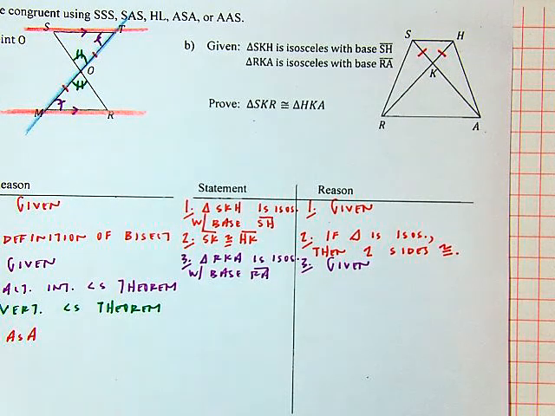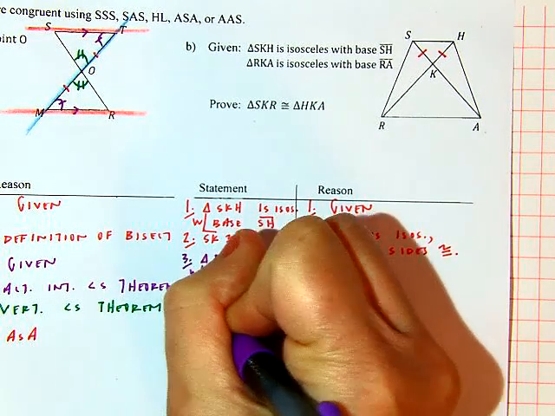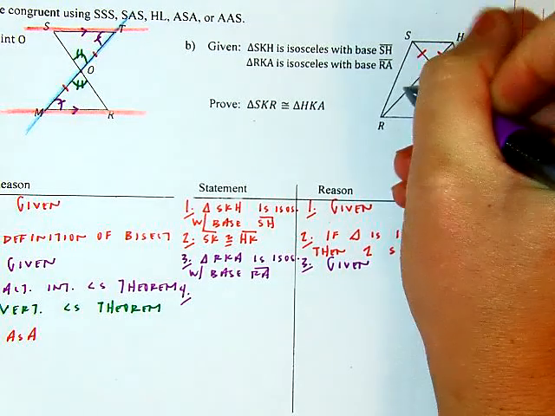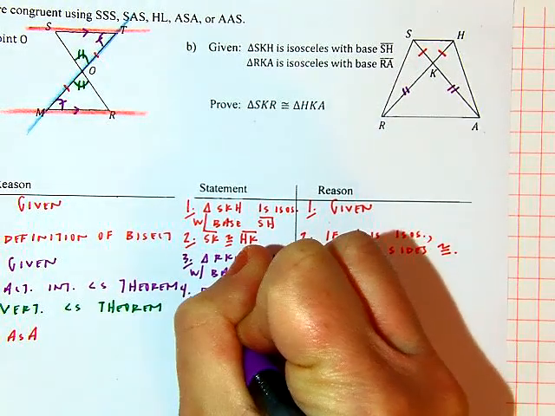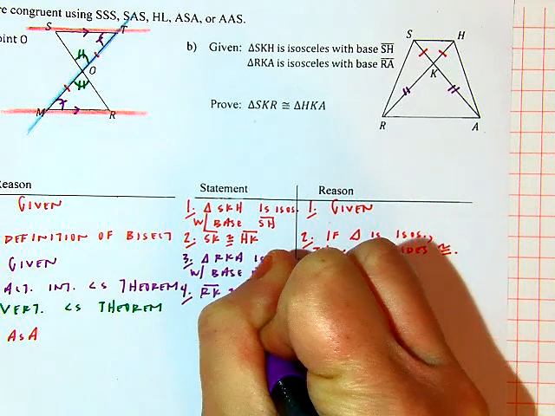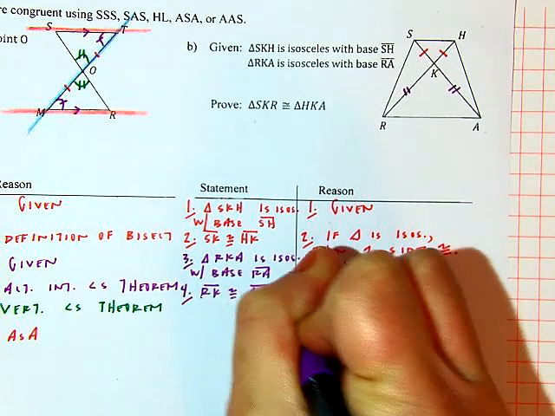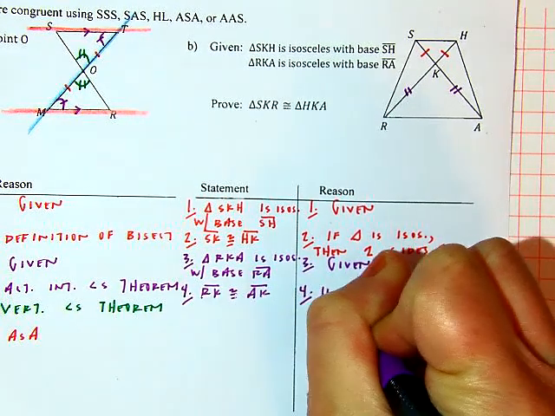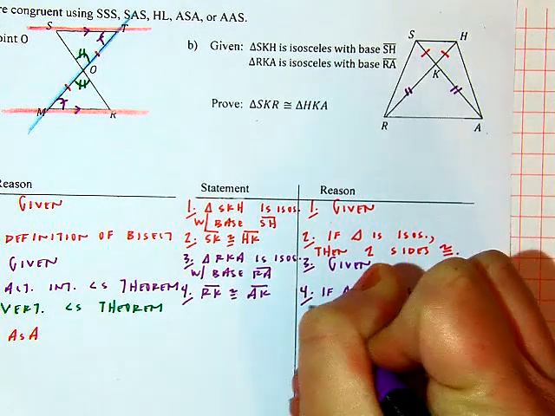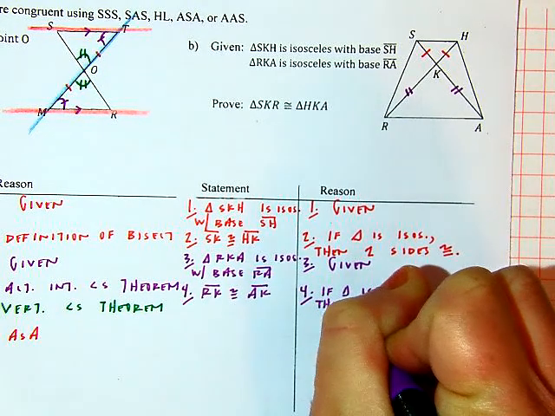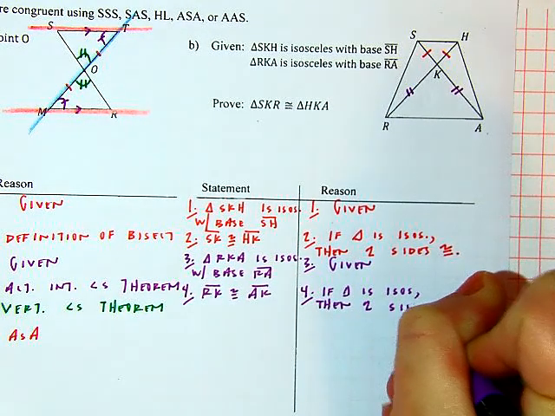So again, I have two sides congruent, or two angles congruent, and it's the sides that are going to help me here. So I can say that RK is congruent to AK. So if a triangle is isosceles, then two sides are congruent.